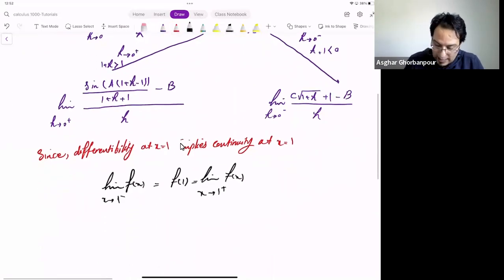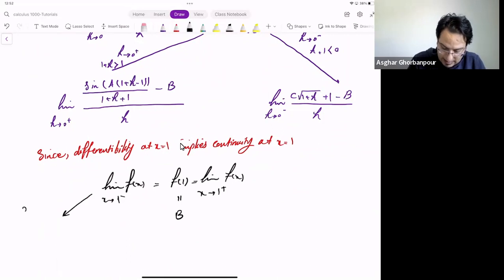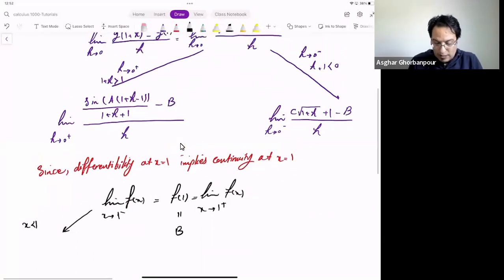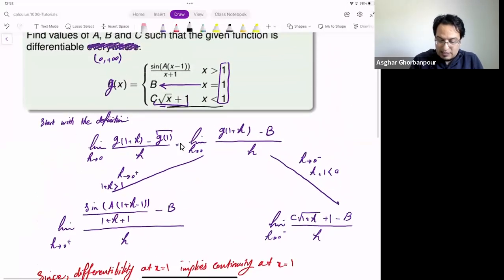Well, f at 1, I know it is b, yes? When we go to 1 from the negative side, that means that x is less than 1, and I can use this formula for that.